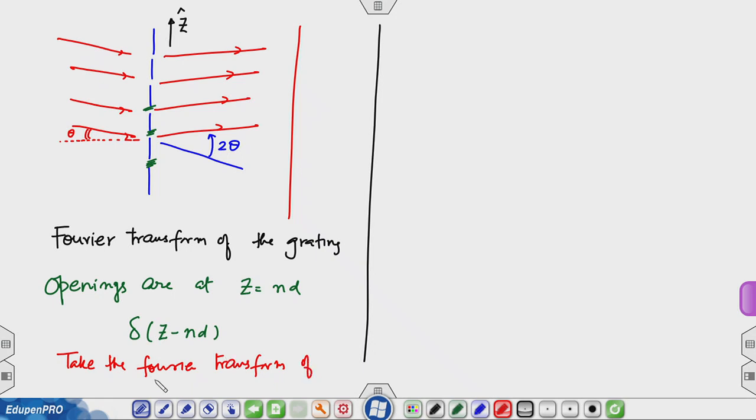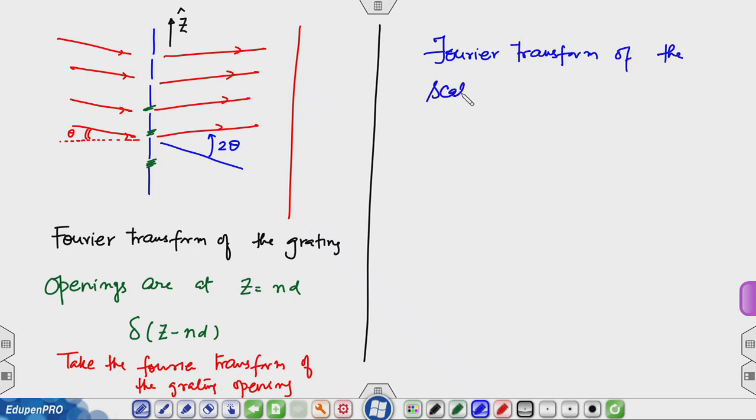Of the grating opening, or whatever the scatterers are. So, I can also say I am taking the Fourier transform of the scattering sources, because these openings are doing nothing but scattering the light.